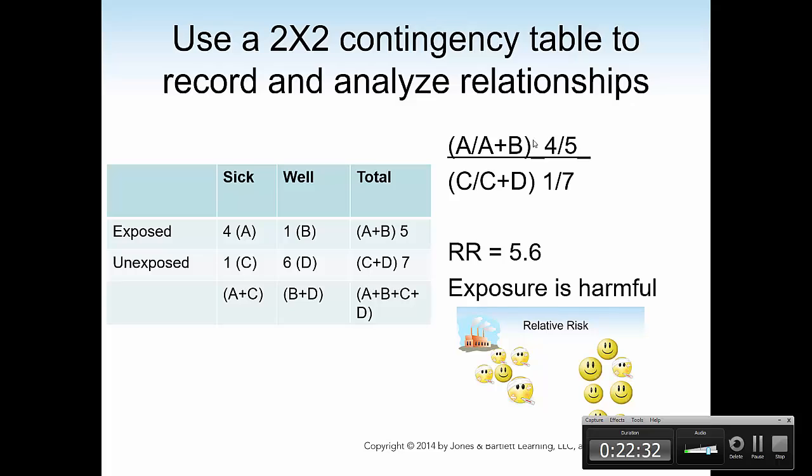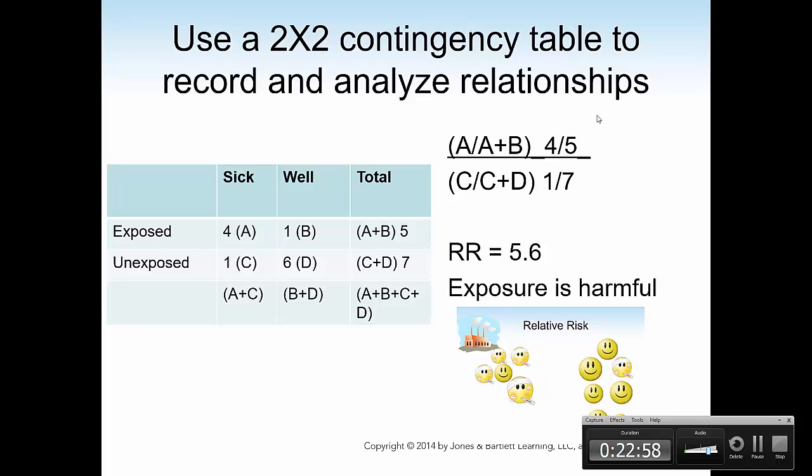Okay, so let's do the calculation. A is 4, and that would be divided by A plus B. 4 plus 1 is 5, so 4 over 5. Then down here in the denominator, we have C, which is 1, divided by C plus D, which is 1 plus 6 is 7.